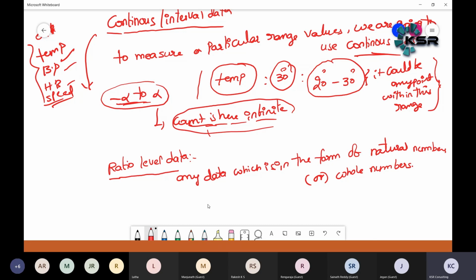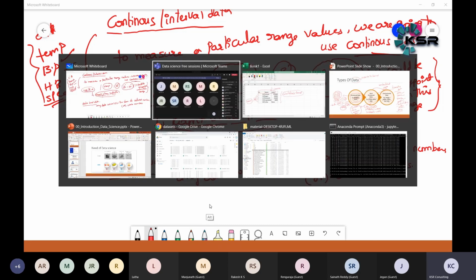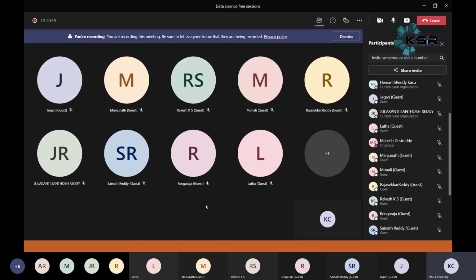For an example, let me ask a question. Anyone is the unmarried guy in this group? Any unmarried guy in this group? Yes, sir. I'm asking for male, not female. I'm going to get a joke on this. So, Hemant, may I know your salary?